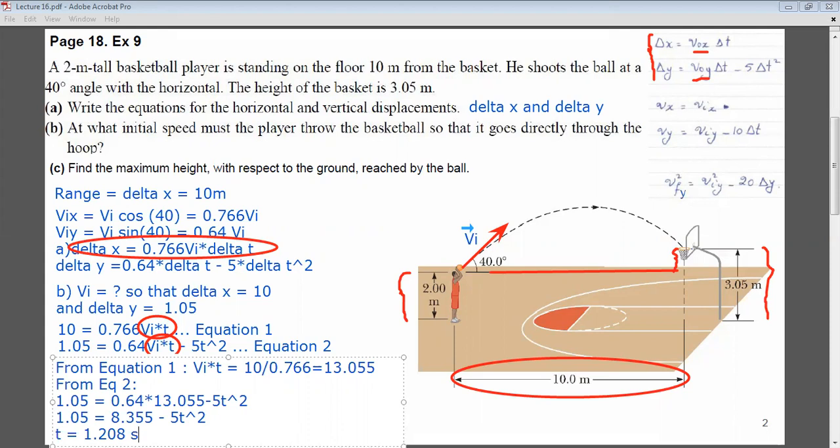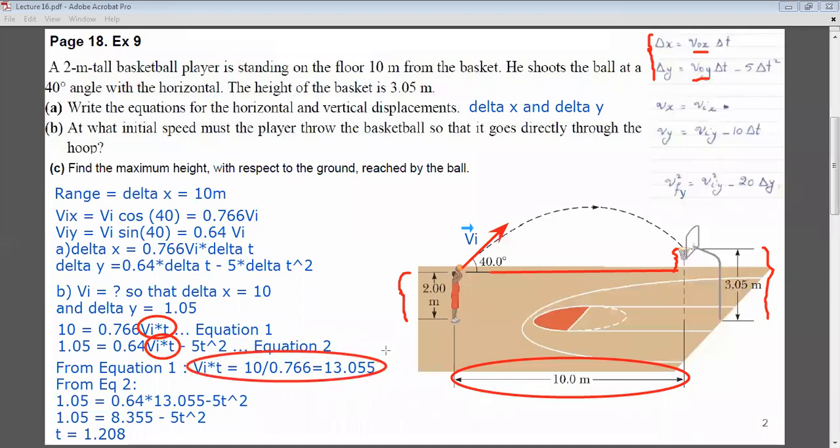Okay, so this is t, but I know that v initial t, where is it? It's here. I know that v initial t is 13.05. So I plug this t in this equation, and I get the initial v.